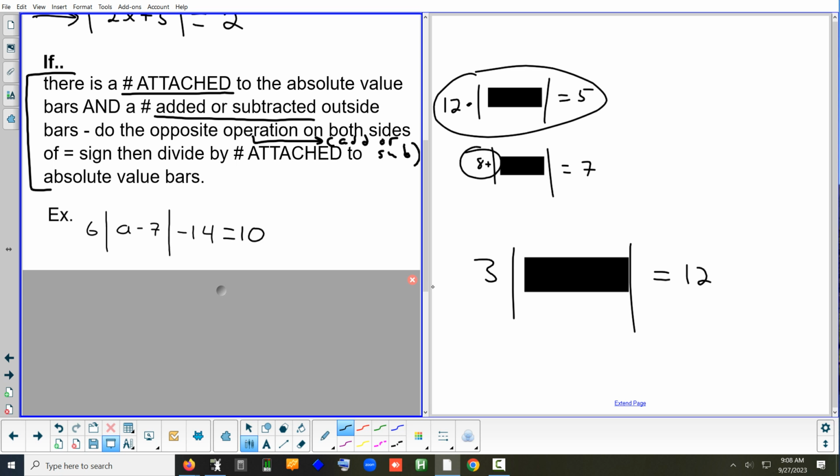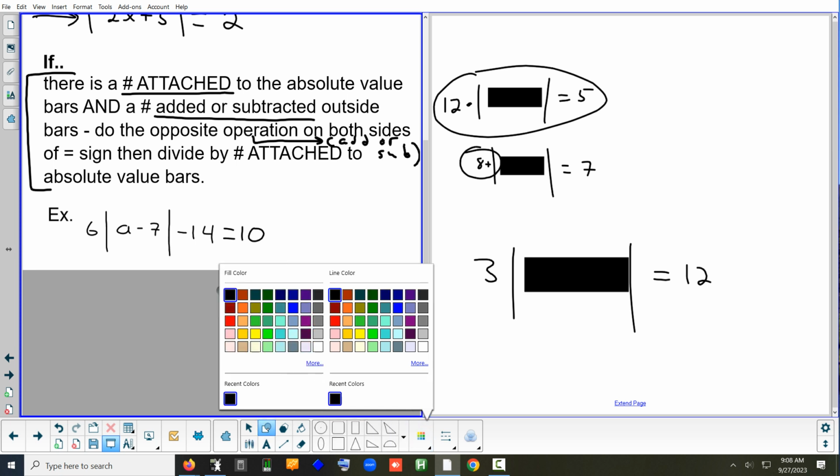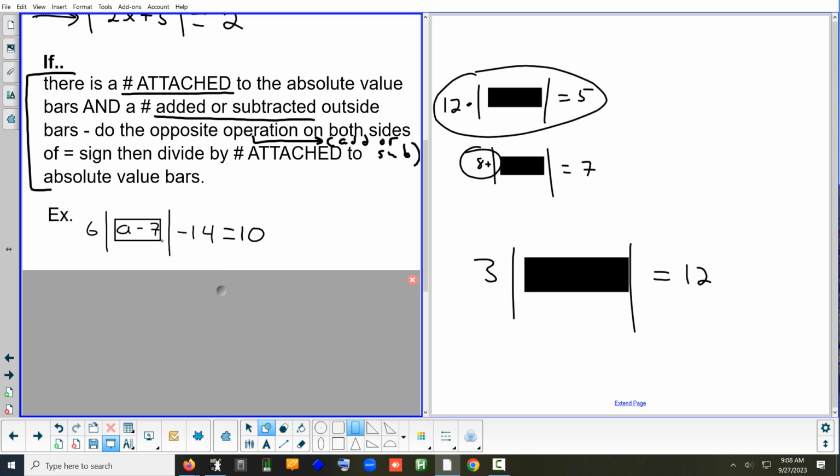Okay, so again, sometimes what I do, just to make sure I don't mess up what's inside the bars at all, is draw a box. You can pretend like there's a box there. You're not going to do anything to what's under that box. All you're going to do is look at the numbers that are outside. So in this case, do we have a number attached to the absolute value and a number that's been added or subtracted?